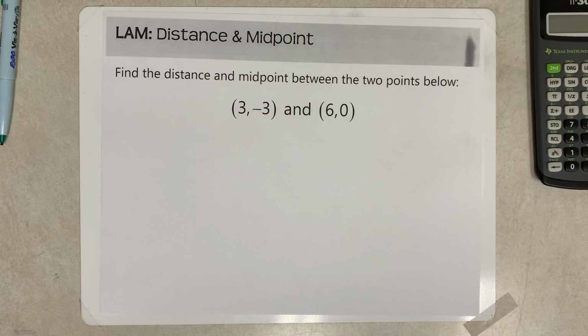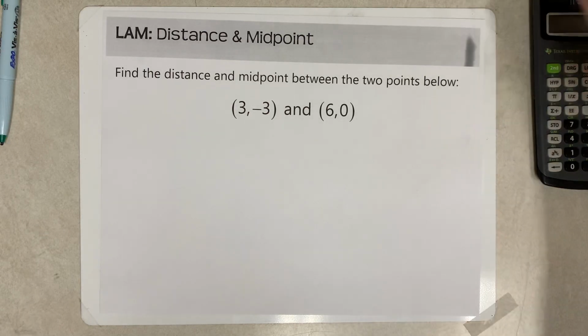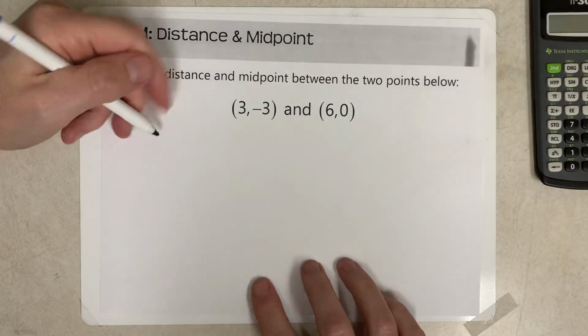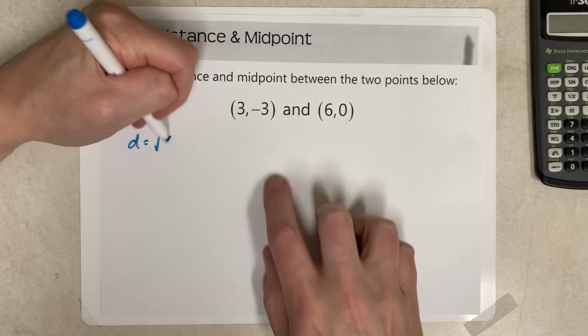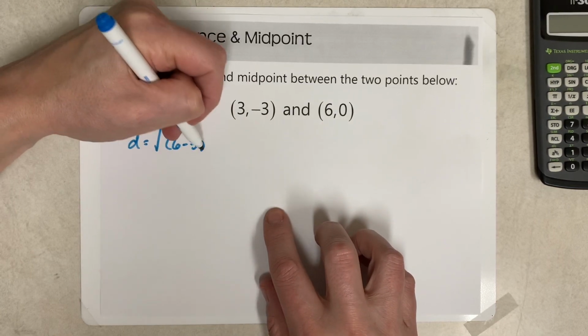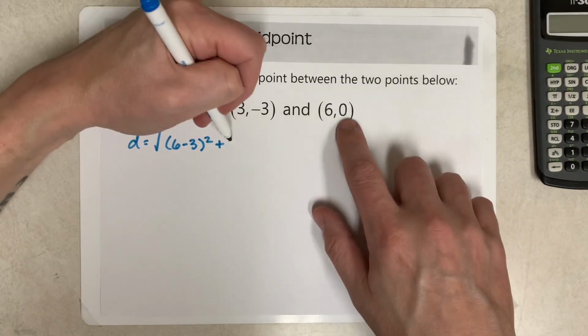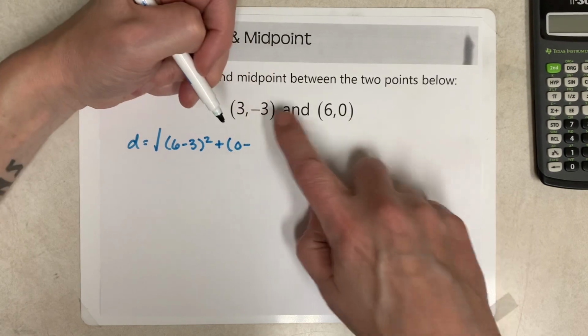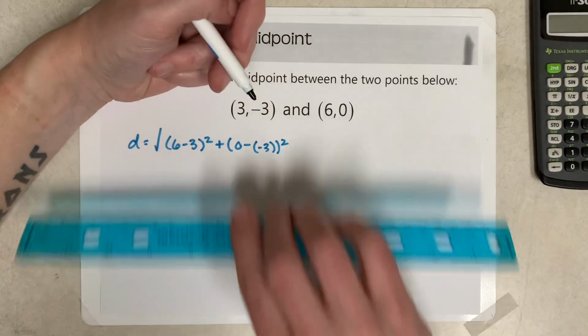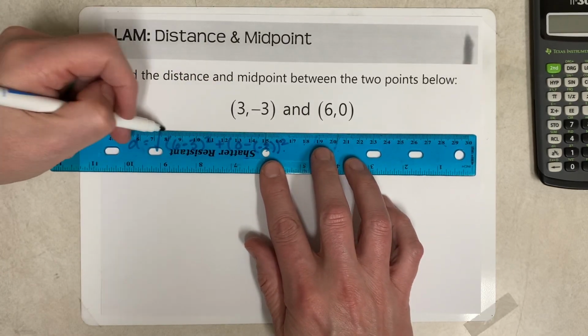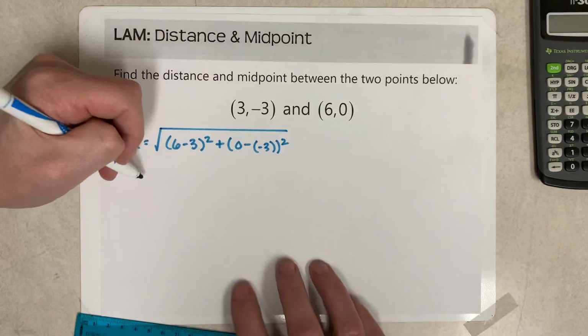Okay, next one. Let's see, let's use this color here. All right, so our distance this time is going to be 6 minus 3 squared plus 0 minus negative 3 squared, square root.